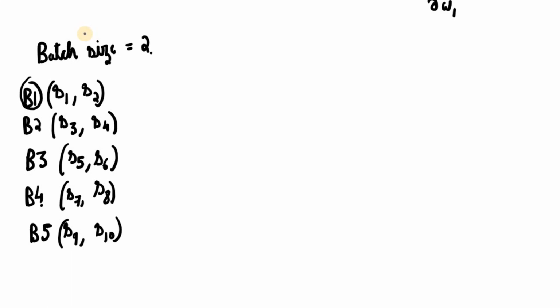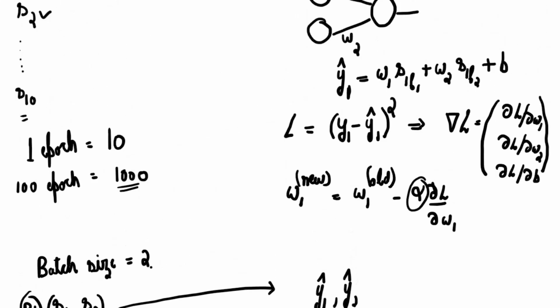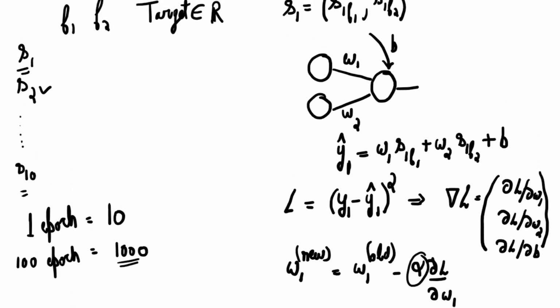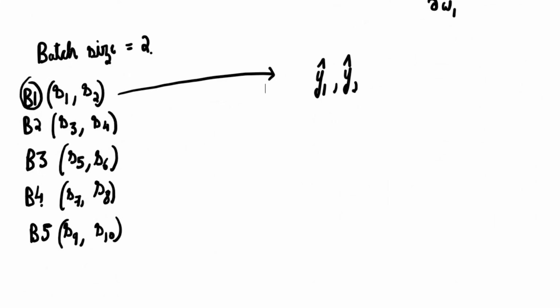Now, the training process is going to happen in such a way that we will be having two such outcomes, y1 hat and y2 hat, when we consider the first batch. We are going to adopt the same architecture as well as the same activation function which we just considered a step above, just that it will be written like this.